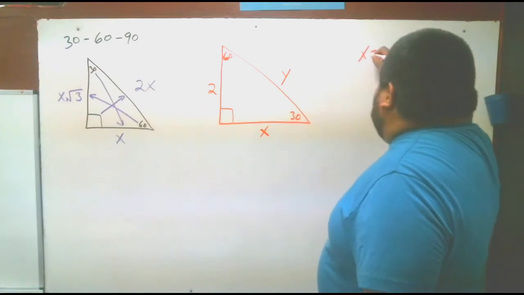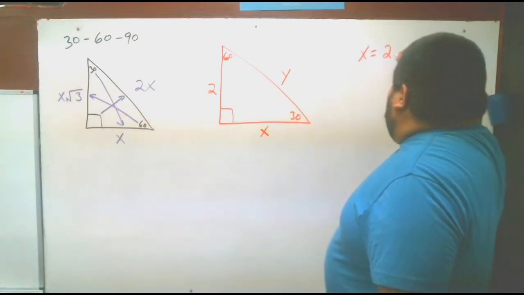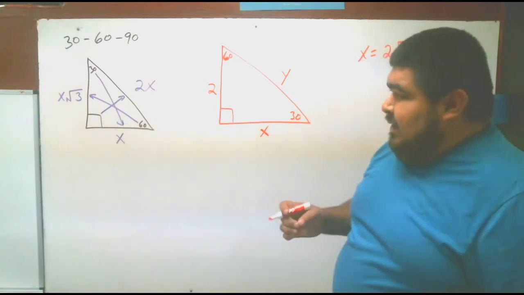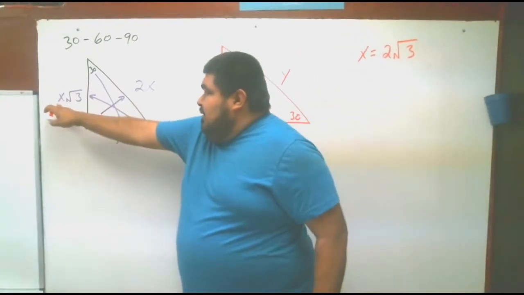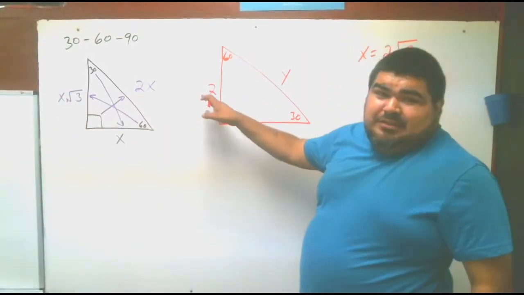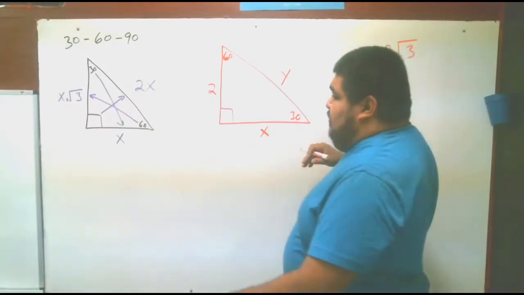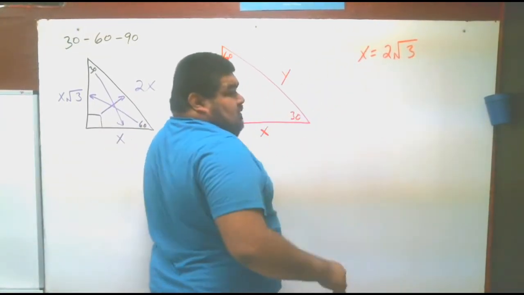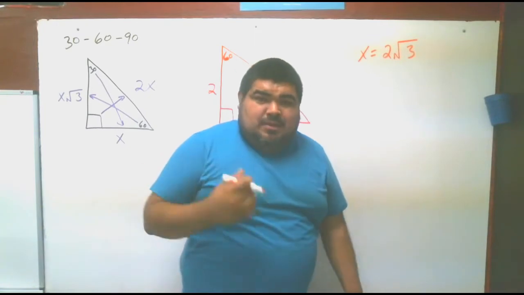We know that x equals 2 radical of 3, because it's the number times radical of 3. So the number is 2 in this case. So 2 times radical of 3 is just 2 radical of 3 because it cannot combine, because one's a whole number, one's a radical.